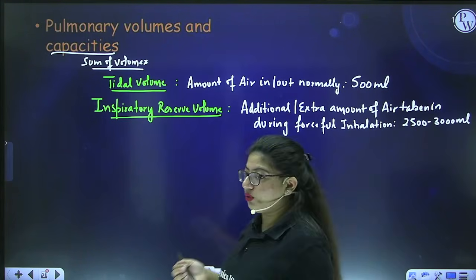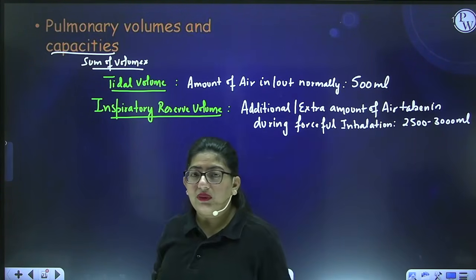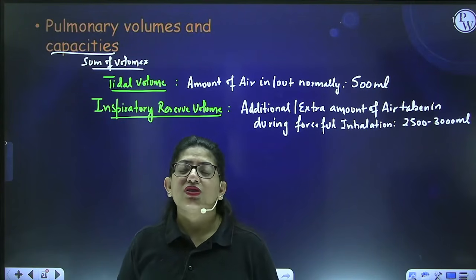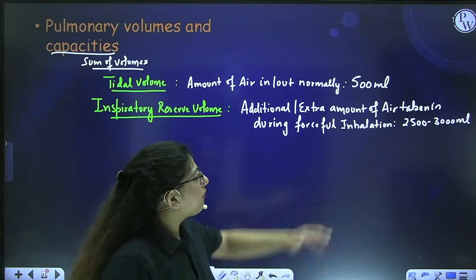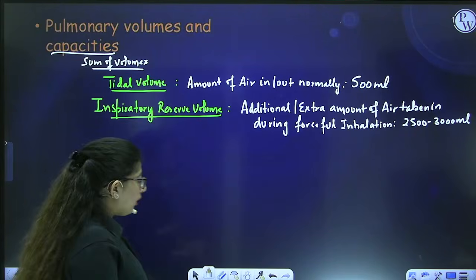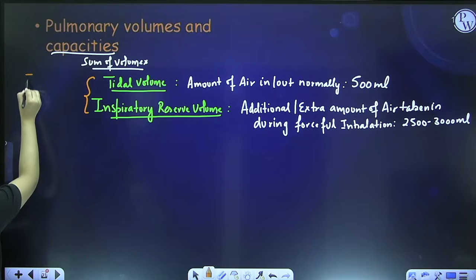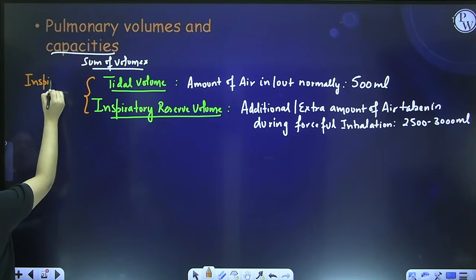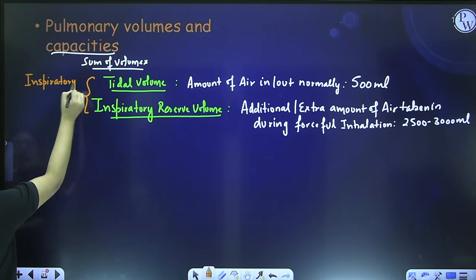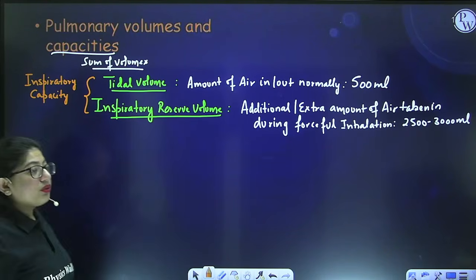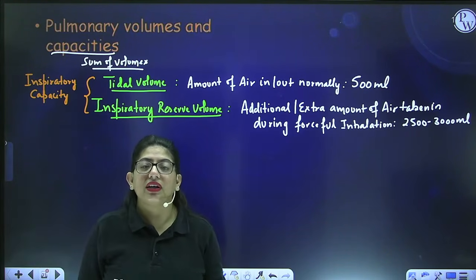Now I said during forceful inhalation, I am taking tidal volume and inspiratory reserve volume also. So what total amount am I taking? I have to sum up these two and you call it inspiratory capacity. Inspiratory capacity is the total volume of air I am taking in during forceful inhalation.